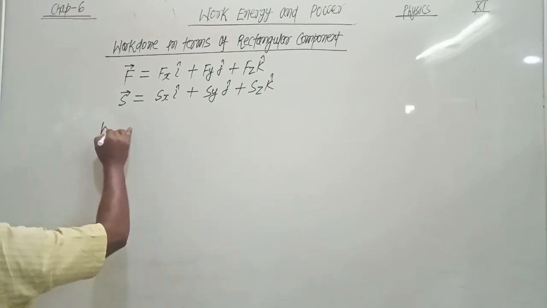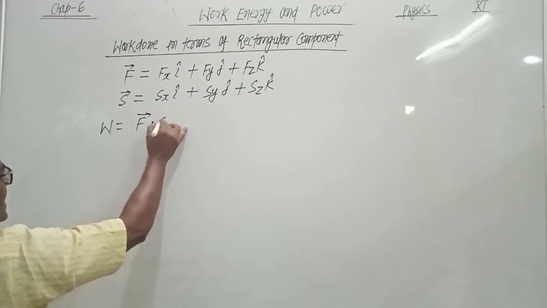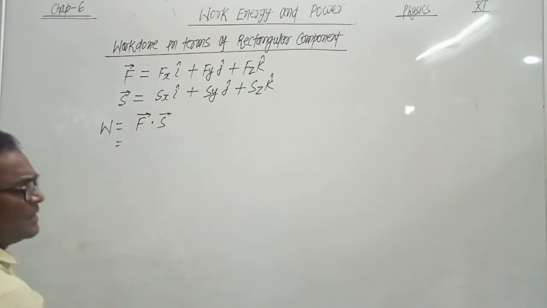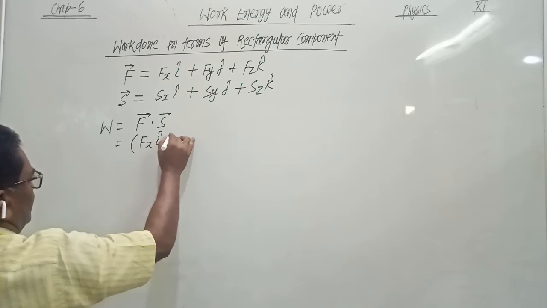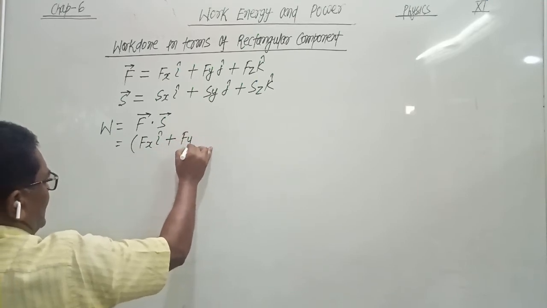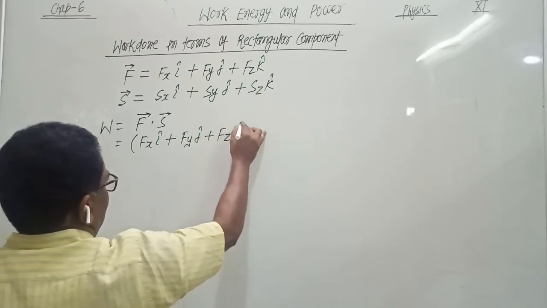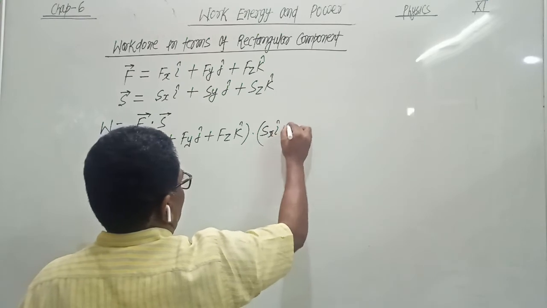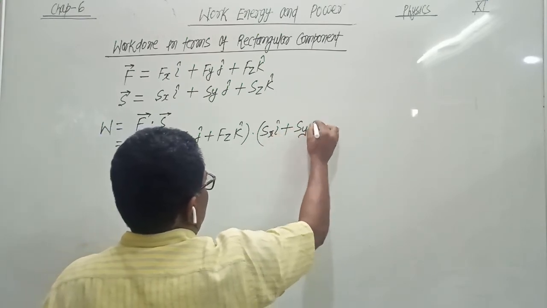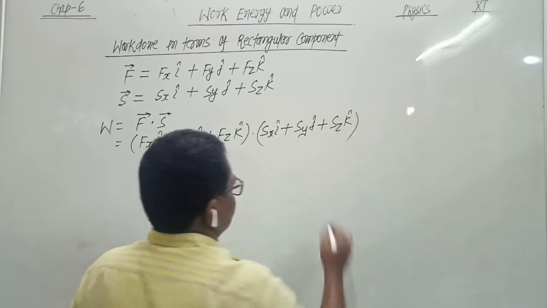Now work done is given by the dot product of the force vector and the displacement vector. So put the values of F and S: Fx i cap plus Fy j cap plus Fz k cap dot Sx i cap plus Sy j cap plus Sz k cap.